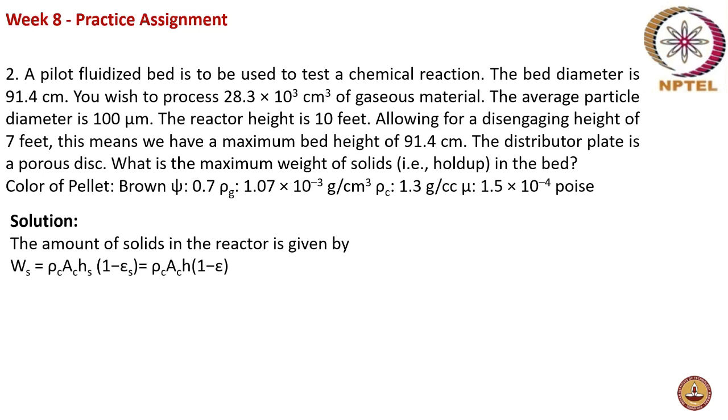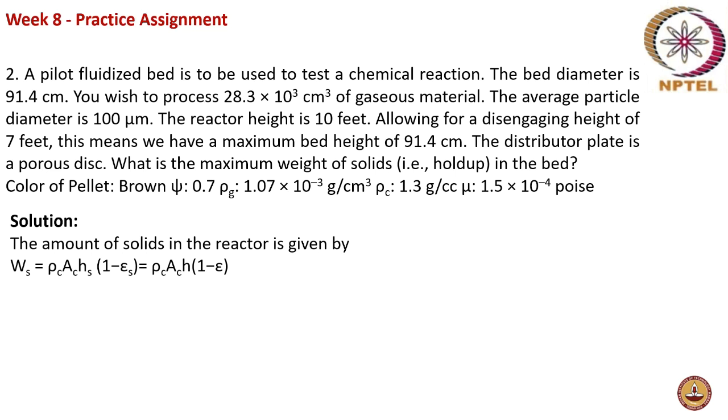Okay. So can we estimate the area of cross section from the given information? Is there any information available from which area of cross section can be easily calculated? How do you calculate? From what information you can calculate the area of cross section?